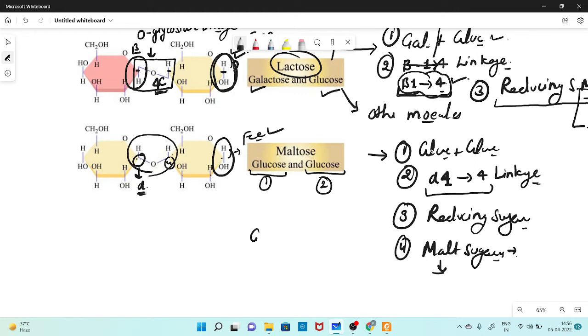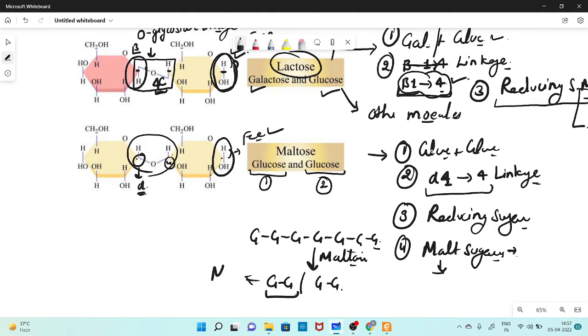For example, if you are breaking a longer glucose chain by using degrading enzymes like maltase, in that case you will get two glucose pairs which are your maltose sugars, right? So malt sugars are also produced from the complex homopolysaccharides.